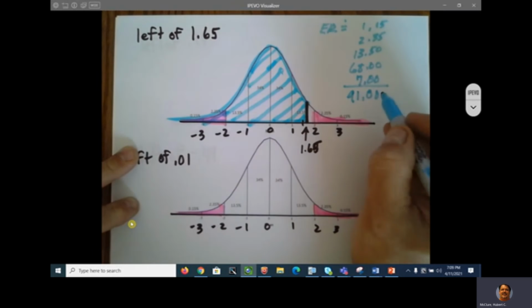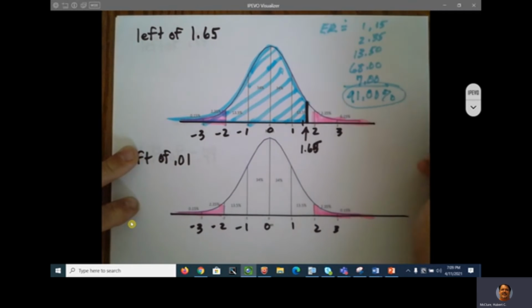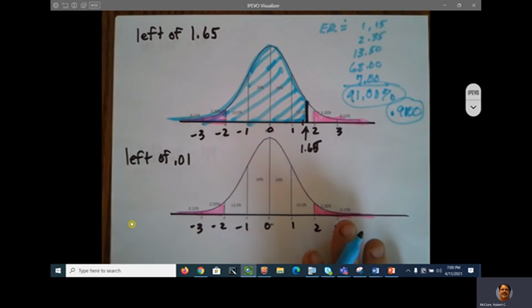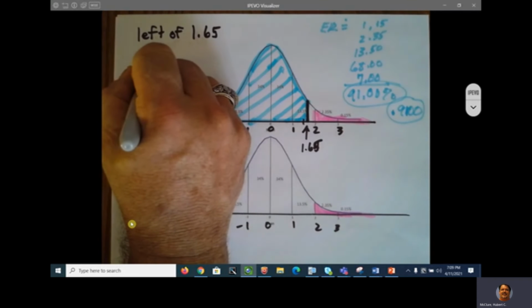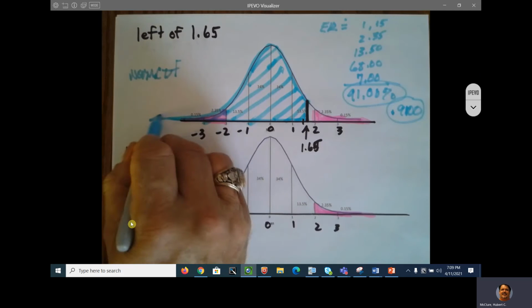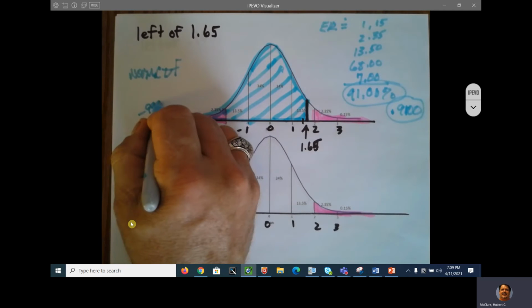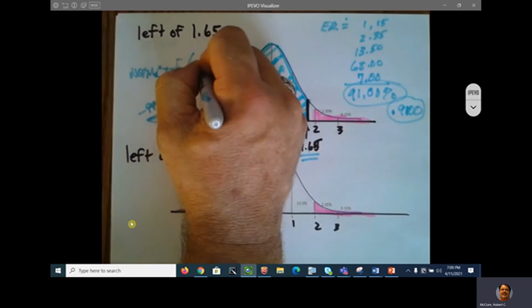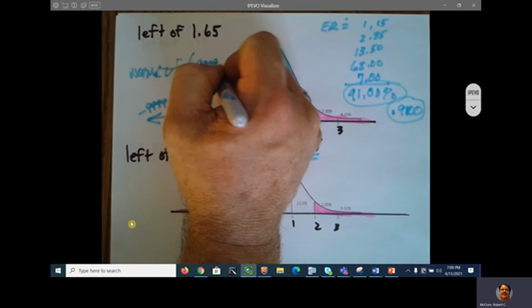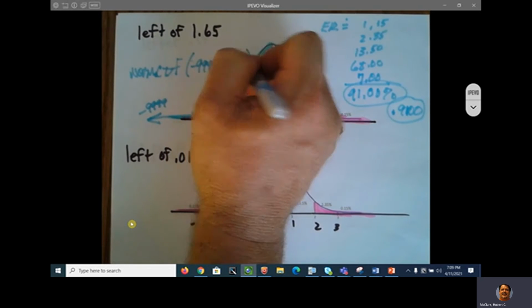So by the empirical rule, I'm going to say it's around 91%, or 0.9100. Now I'm going to go to normal CDF, from negative infinity, negative 9999, to 1.65.